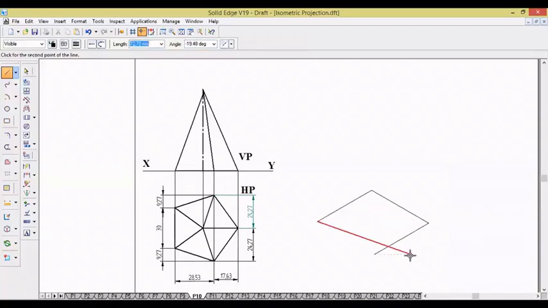Then 9.27 minus 30, 30 mm length minus 30, 9.27 minus 30.